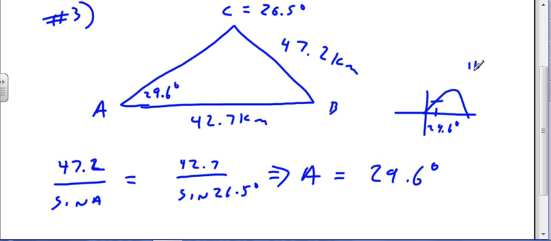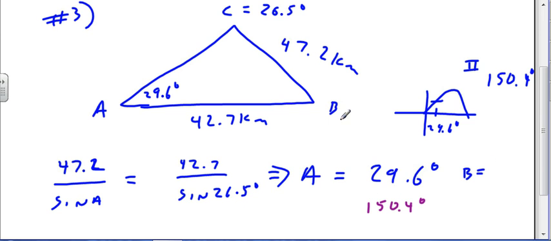But in the second quadrant, I have another answer, 180 minus 29.6. So I've got 150.4 degrees as a second answer for A in the second quadrant.